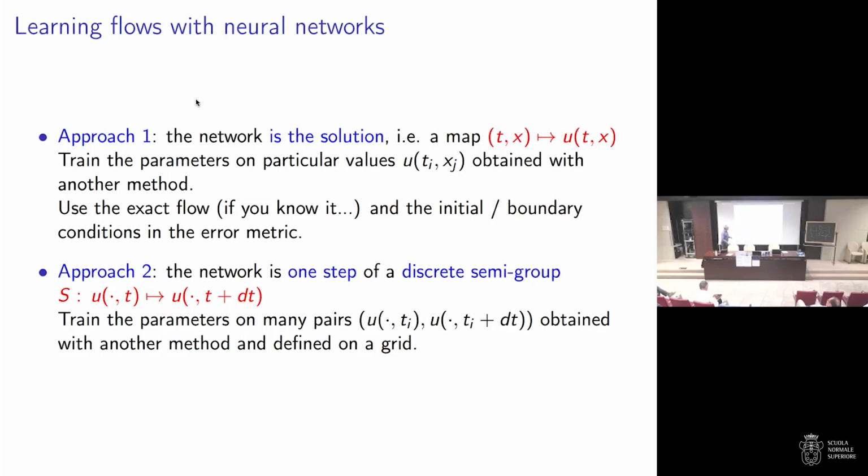And so you try to optimize the parameters of your neural network using these ideal values that you have. And usually you also add in the error metric initial and boundary conditions, plus, if you know what the underlying PDE model is, you can also use automatic differentiation, the exact PDE, if you want to force your solution to satisfy the PDE. So this is a very classical approach.